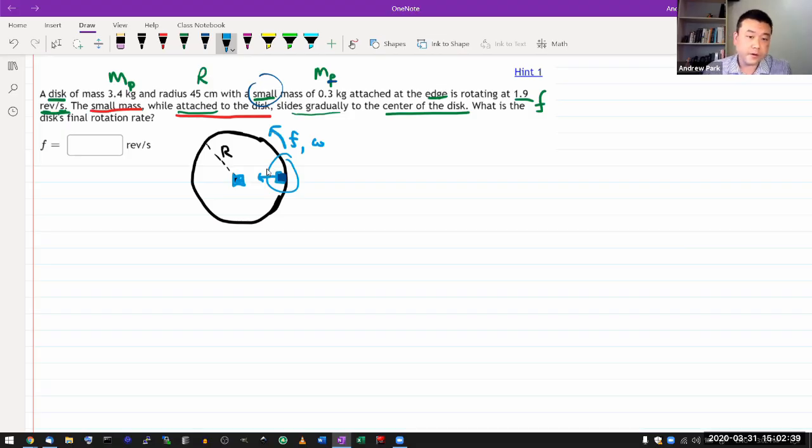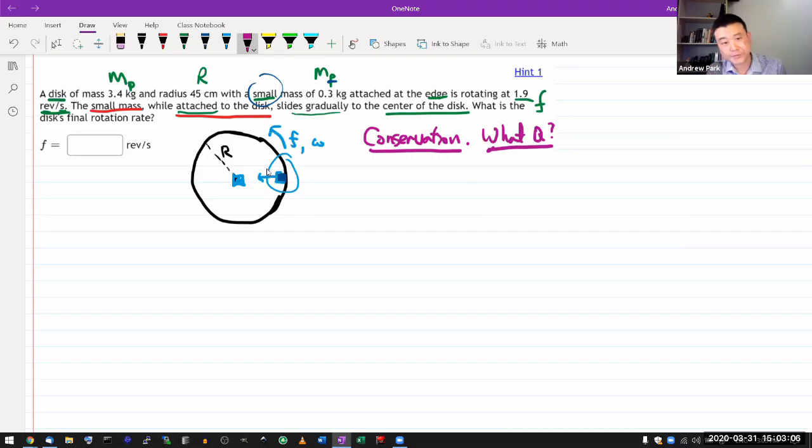Whenever I'm not 100% sure what tool I should use, the first tool I would go to is a conservation law. What I'm looking for is what quantity is conserved. If I can find the conserved quantity, then that's the quantity I'll use to calculate whatever it is that I need to calculate.